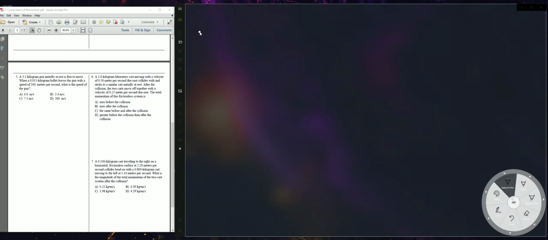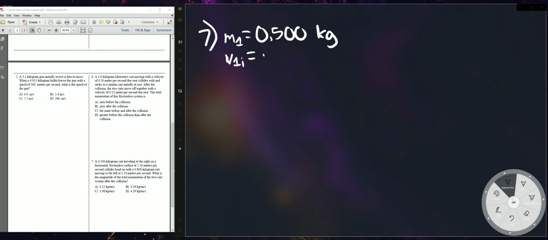Please tell me you guys remember that. Please. Mass 1, 0.500 kg, traveling to the right, so the velocity of object 1 initially is 2.2 meters per second. A 100 kilogram car moving to the left.